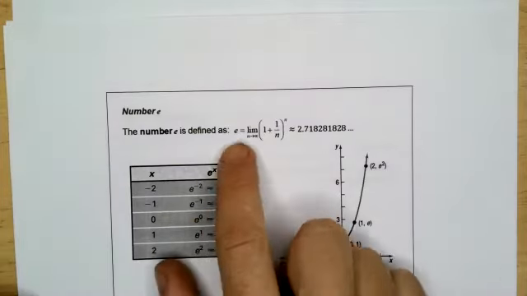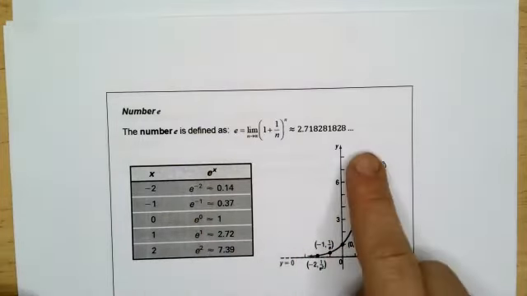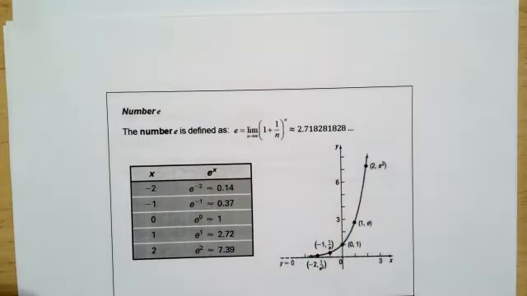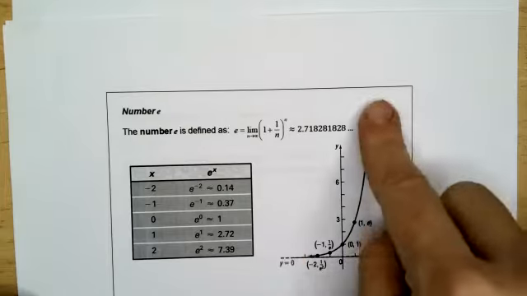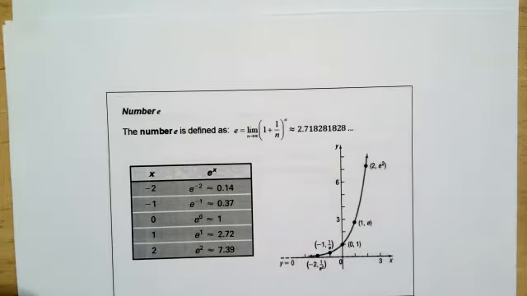And know whether the graph of e is a graph of growth or decay, right? So e to the x is a graph of growth, right? Because we can see it's going up from left to right. What is e? At any point in the graph of e to the power of x, the slope of e to the power of x is equal to the value of e to the power of x.